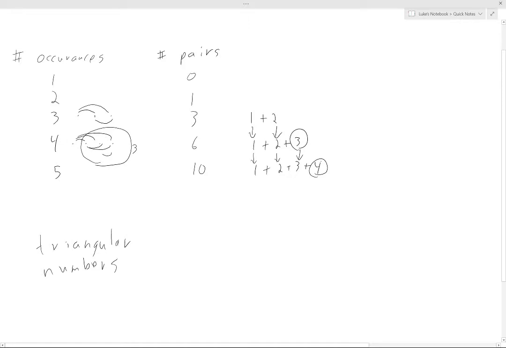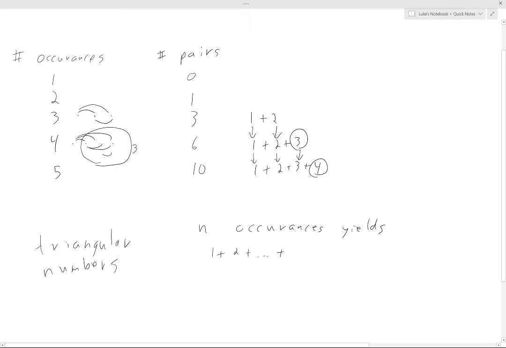So basically what we can see is that if you want to get the number of pairs for n occurrences, I'm going to readjust my screen here so that I can write this a little better. So n occurrences yields 1 plus 2 plus etc. And we go all the way up to, for 4 occurrences, the last number we ended up at was 3.